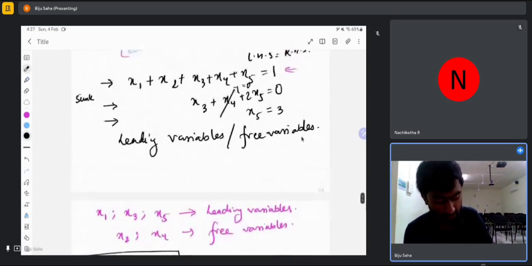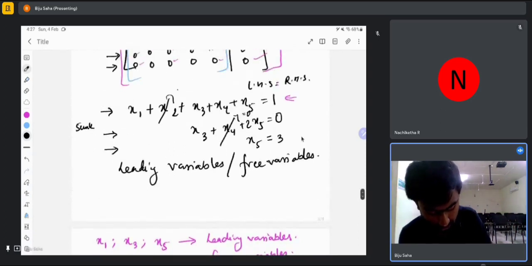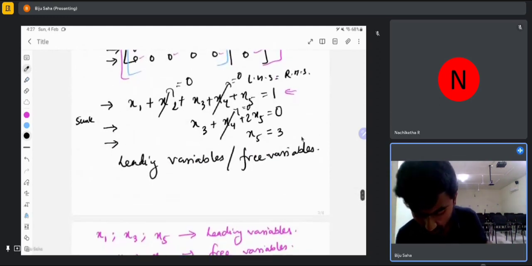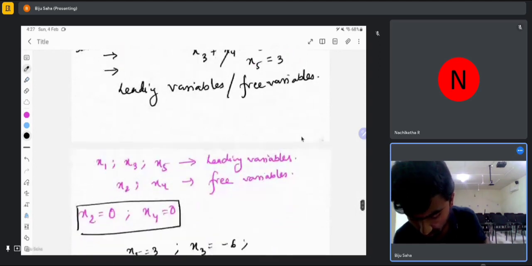Similarly, I have already chosen x2 and x4 to be 0, and from x3 and x5, I end up getting x1 equal to 4.